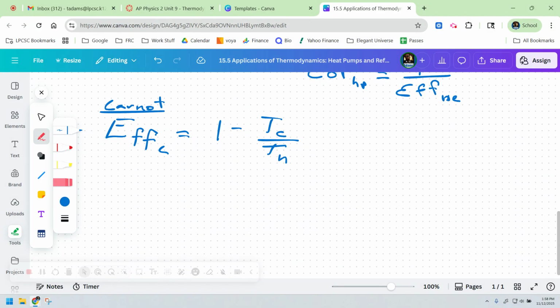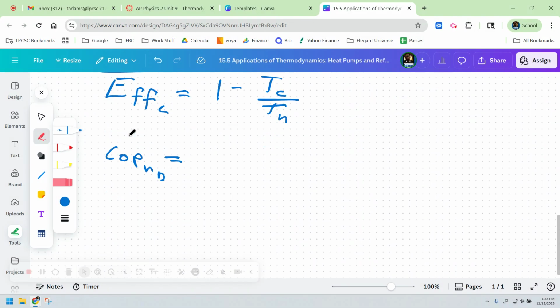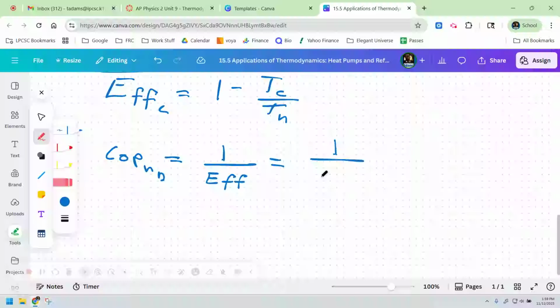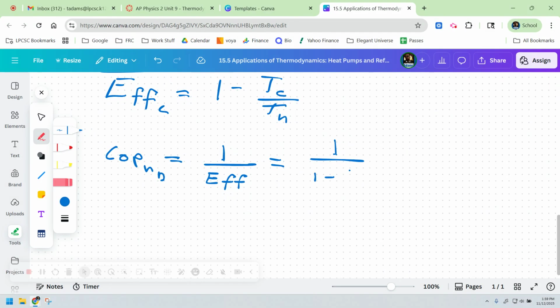So then if we study that and we rewrite it in terms of the coefficient of performance of a heat pump, because this is 1 over that, that could be written as 1 over 1 minus Tc over Th.